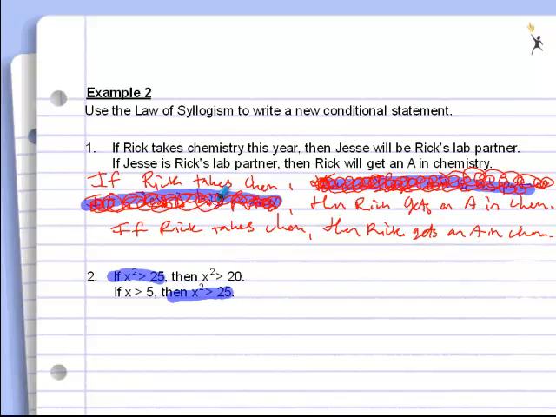It occurs twice. What we can do is we can cross that off. And our new statement reads, if x is greater than 5, then x squared is greater than 20. Not that hard. The law of syllogism allows you to cross out what is being used twice to create a new statement that is true.